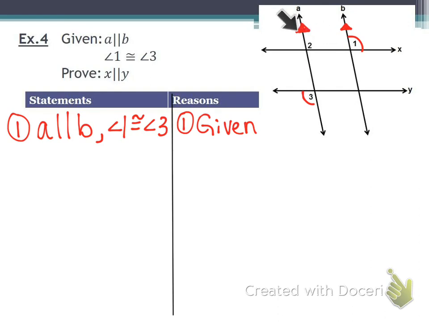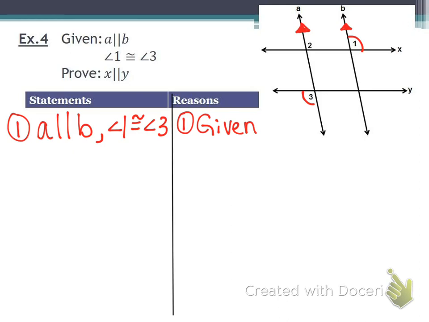But I would focus on the lines we already know are parallel first. Okay, so what do you think, Sydney? Angle 1 and 2 are corresponding. Good. So in this case, I don't even think you need to make that statement on its own yet. We could make the statement that angles 1 and 2 are corresponding. I don't think we need to. What can we already say about them?